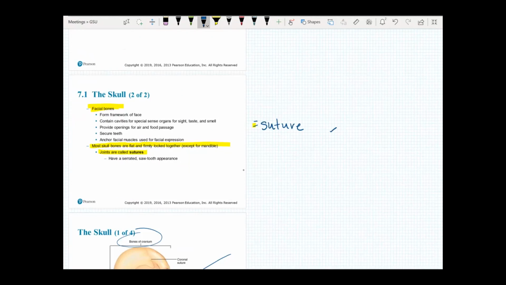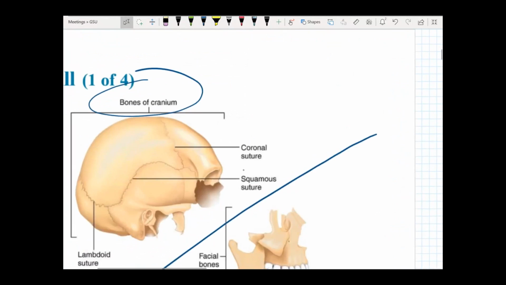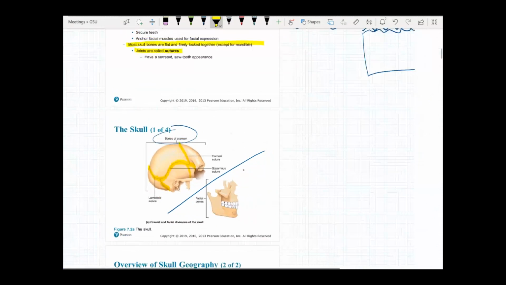So they kind of look like this, and they're connecting one bone to another bone, but these bones are sewed together like this. So what you actually see is going to be this suture. So if you zoom in right here, how we have this suture right here, that is what we're talking about. So all of the bones that are connected in your cranium are going to be connected by these sutures, or this saw-like appearance where they're put together.